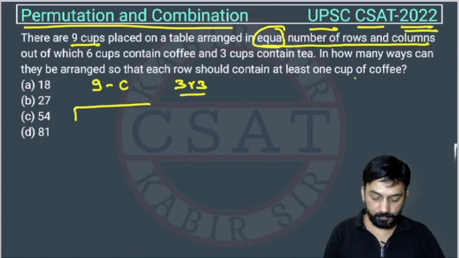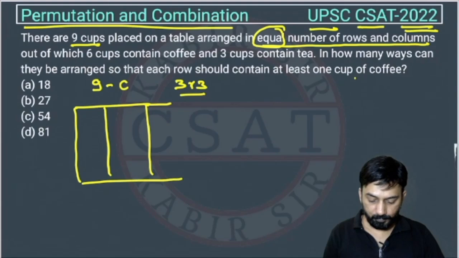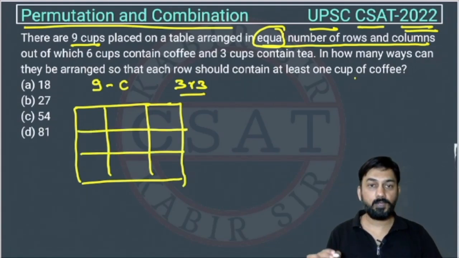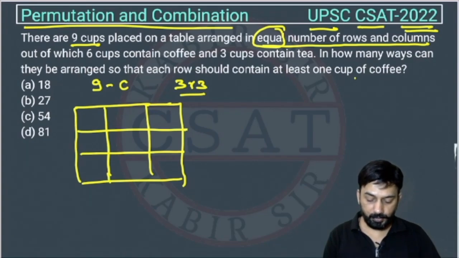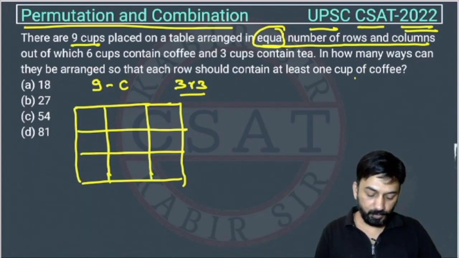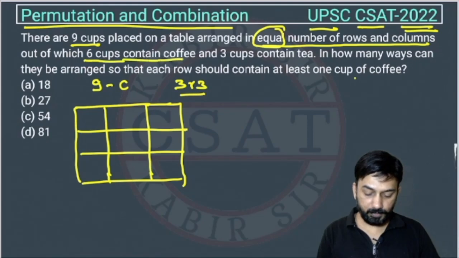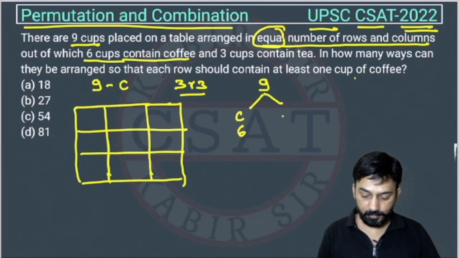So we will arrange them in the format of 3 by 3, like this. Okay, in this we have to arrange 9 cups, right? Out of these 9 cups, 6 cups contain coffee and 3 cups contain tea.